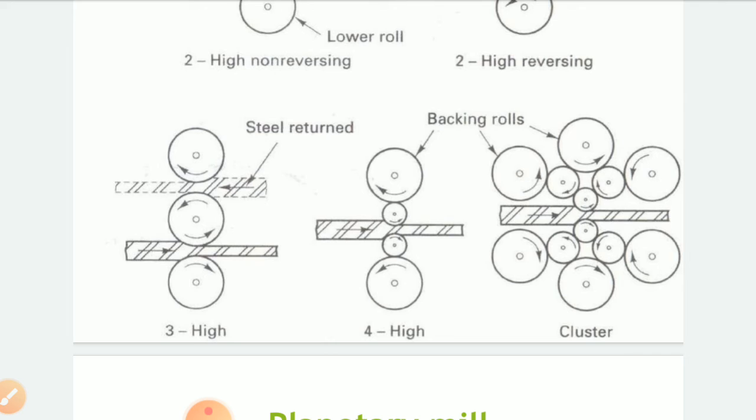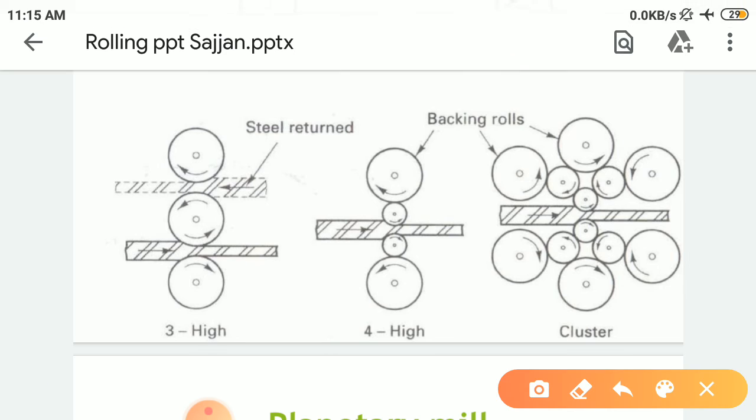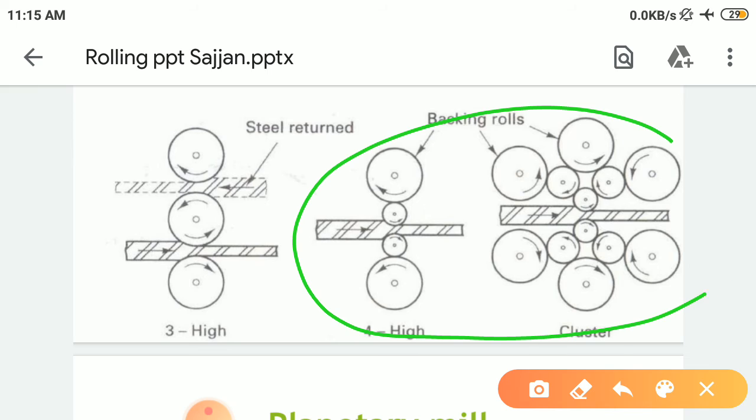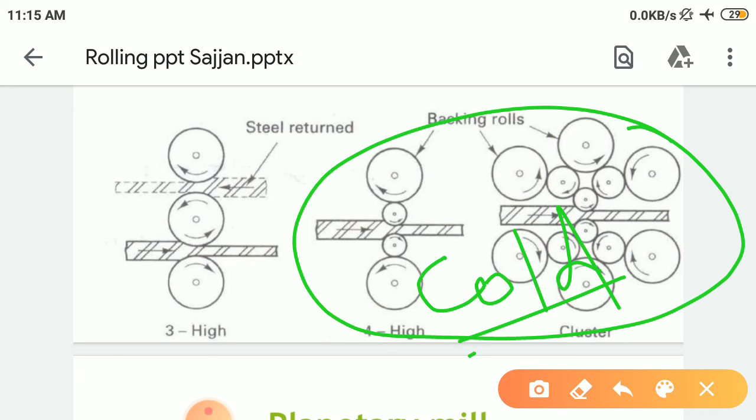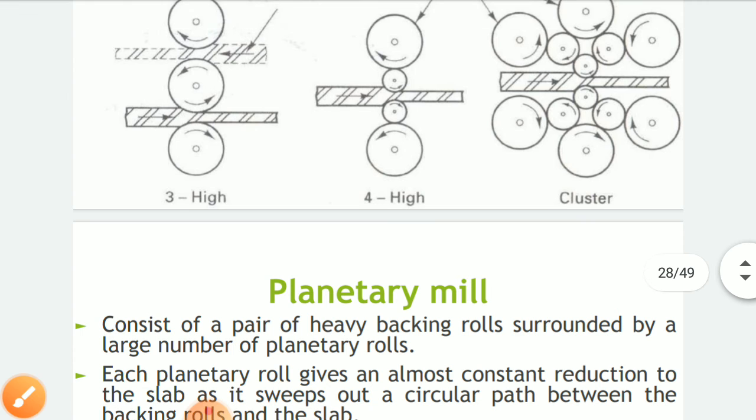And this is the 4 high rolling process, used to avoid bending in the rollers due to cold working. Generally these two processes, that is cluster and 4 high, will be used for cold rolling. So this is important, remember this.